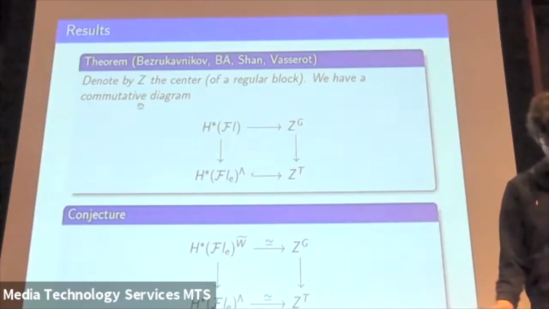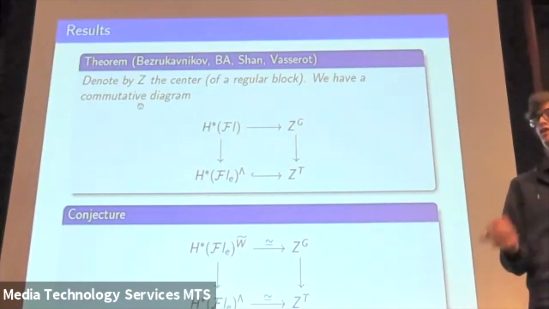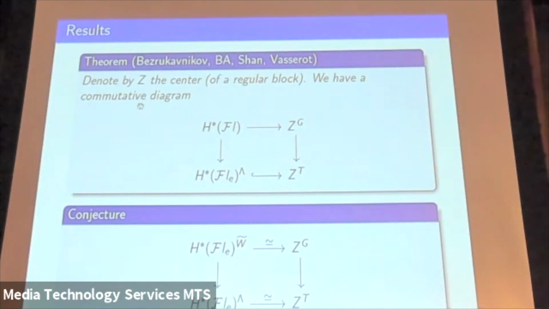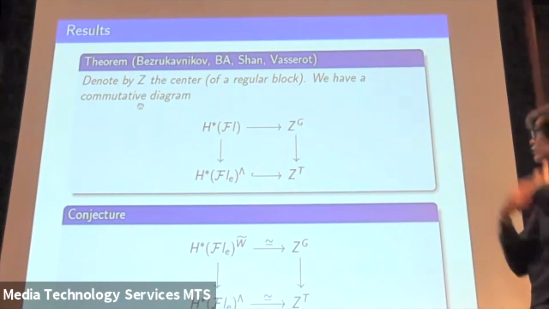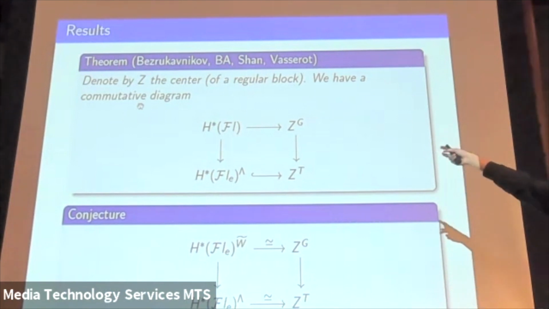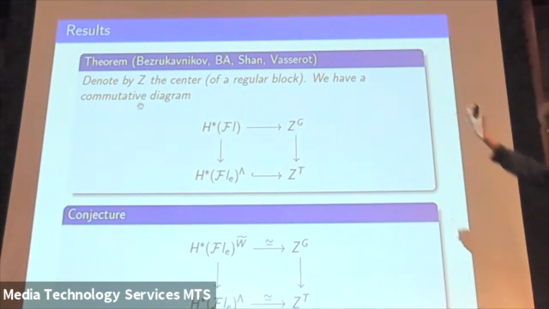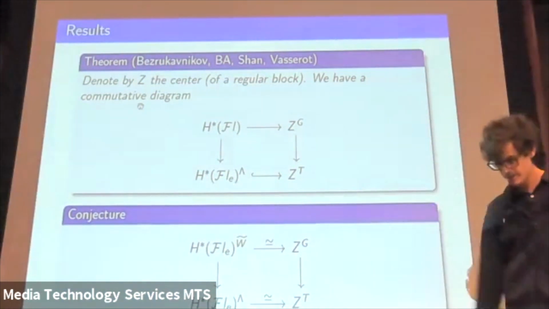And because the Frobenius kernel is a kernel, it's in particular a normal subgroup. And so it has an action of the group by conjugation. And this action hence induces an action on the center. So we have a group action on the center. And then with this information, we can construct the following diagram. So here T is the maximal torus.